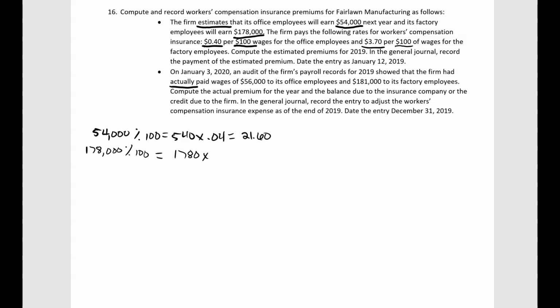If you think about it, factory workers probably have a higher chance of getting hurt than the office employees do. That's why their rate is more. If you add the two together, that's 6,719.40.